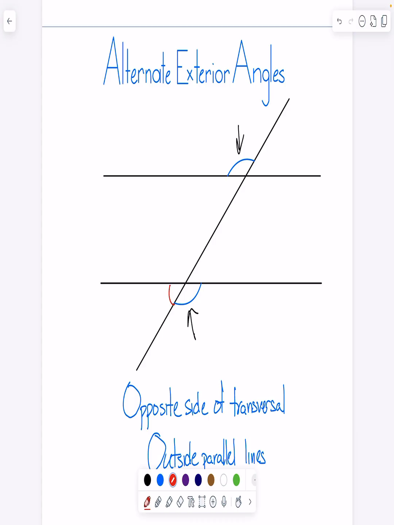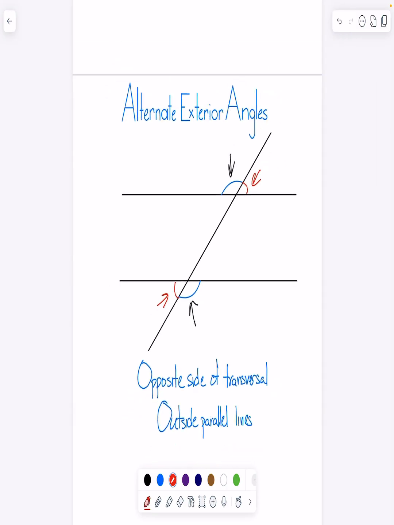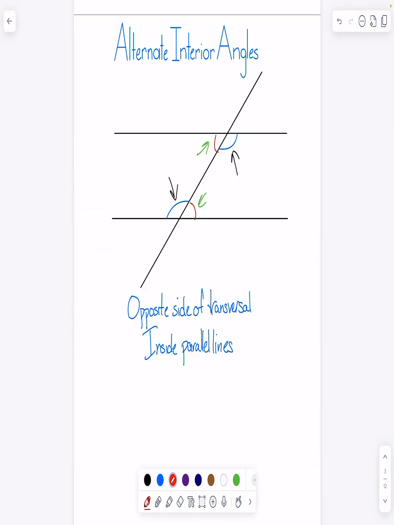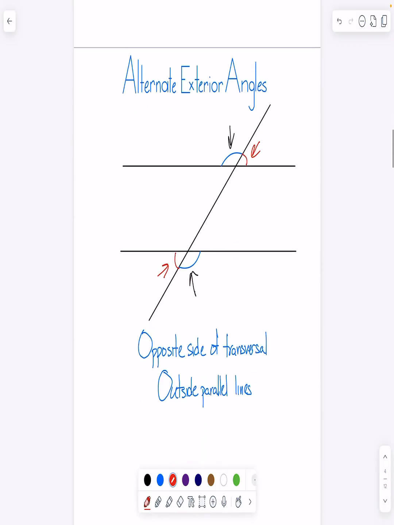These are also alternate exterior. Either one of these is permissible. So just ensure that when you are deciphering a given figure, alternate interior versus alternate exterior: exterior is outside, interior is inside. That's the only difference.